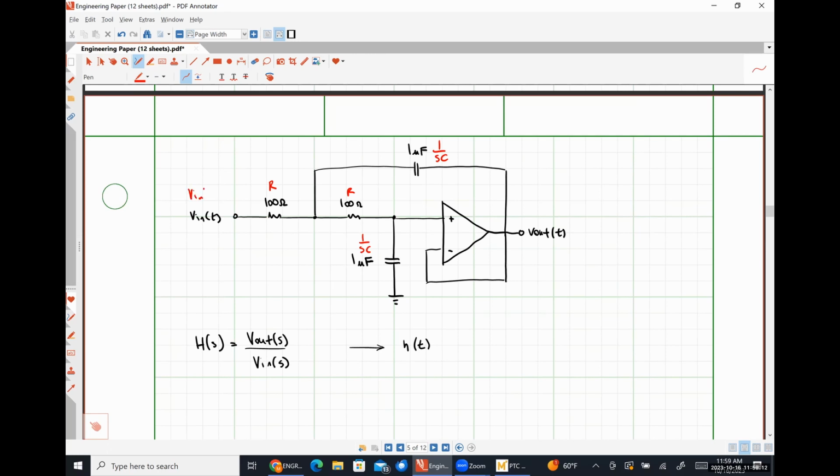This is going to look like Vin of S. This is going to look like V out of S. Transformed. If we were considering our input signal to be an impulse, that would literally be us applying effectively the number 1 in the S domain to this circuit, because the transform of an impulse function is literally the number 1. All right, so now that we have transformed our circuit, what would we do?